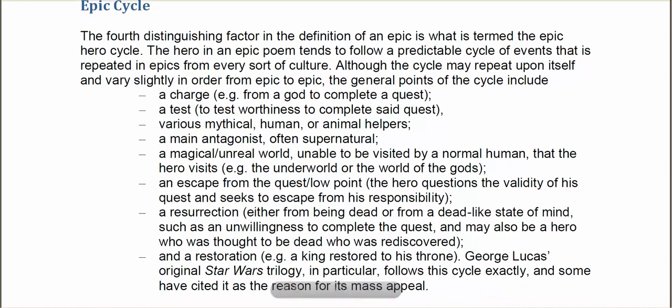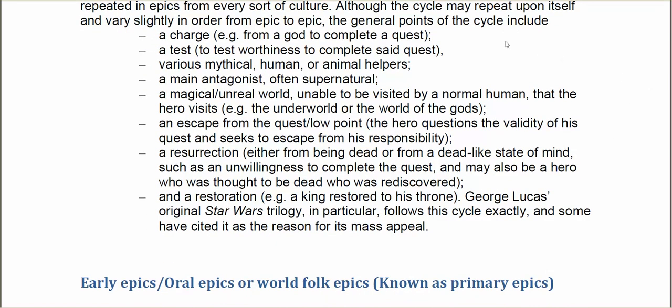So there are certain elements that happen often in this order, but again, it can be done in different ways in different epics. So, for example, an epic might start off with a charge, a demand from a god that a quest be completed. There might be tests to prove one's worthiness.